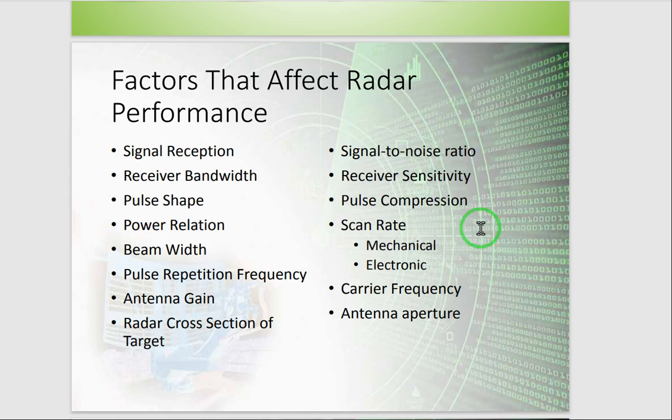Of course, the antenna gain: a high gain antenna is used in order to increase the performance of the radar. Yes, radar cross section, the radar effective area should be more.